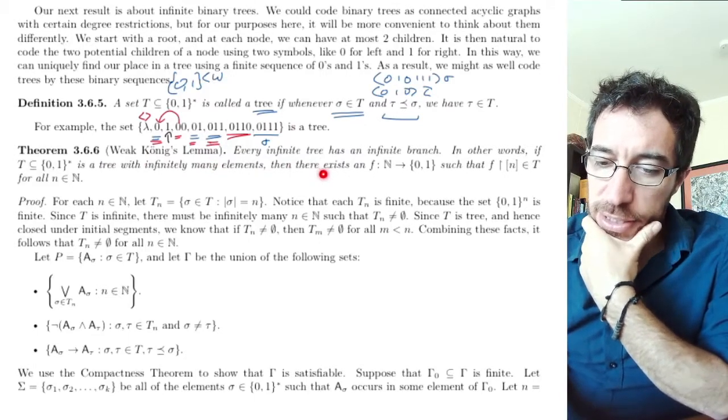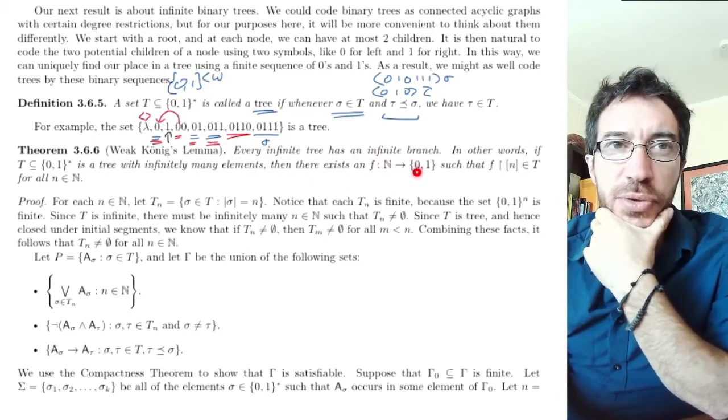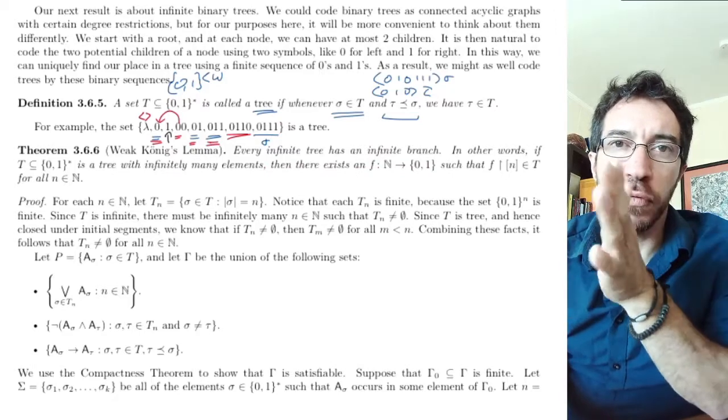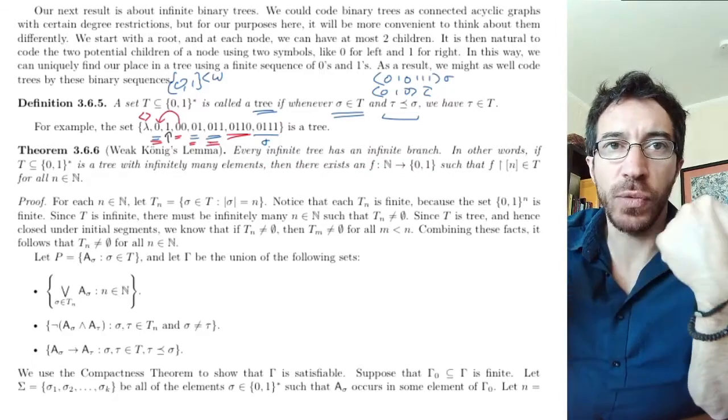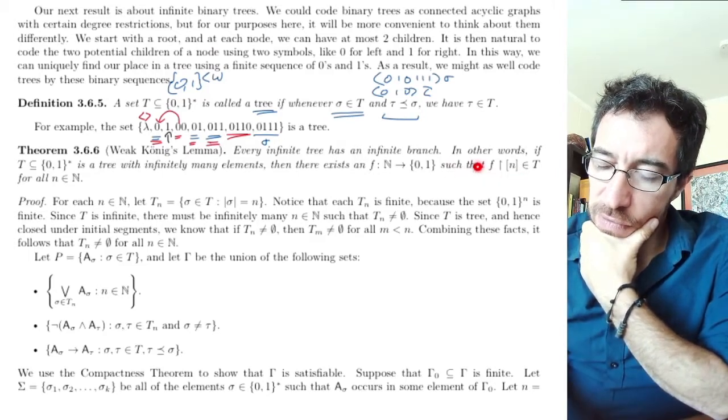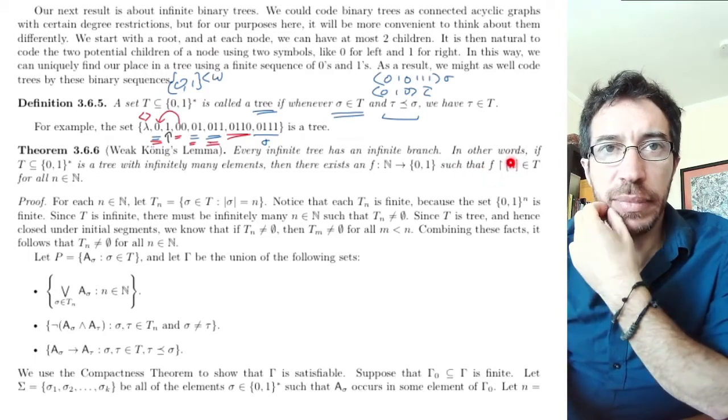Then there has to exist a function from the natural numbers to {0, 1}, which is the same thing as saying an infinite binary sequence f0, f1, f2, an infinite sequence of zeros and ones, such that whatever it says here, we have to look back and see what it means.